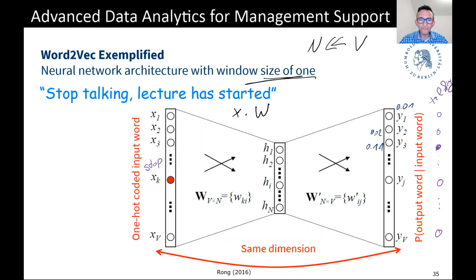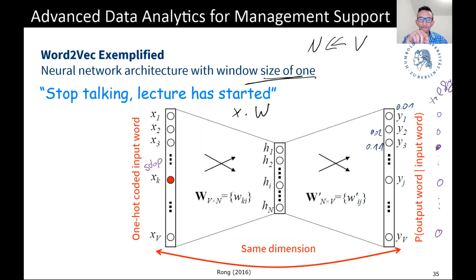And so the activation of the hidden layer, that's basically one column in our weight matrix W. And I haven't said that, but in Word2Vec we do not use any nonlinear activation function. So arguably it's not even a neural network that we are using here. And this matrix W is, because of this design, something like a lookup table.